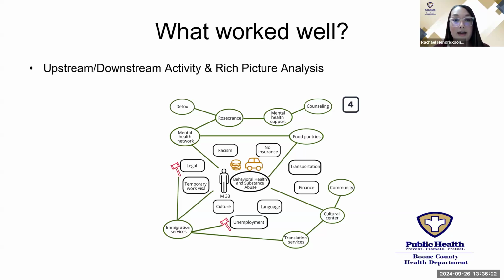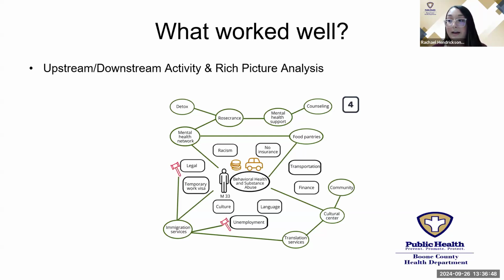And another activity that we liked to facilitate was the rich picture analysis. And you can see a digitized version of that on the screen. So at the event itself, they had big pieces of paper on their desks, and they worked together to draw a local public health system for a hypothetical Boone County resident that the health department created based on real events here.